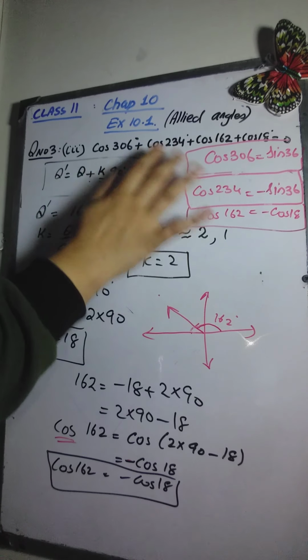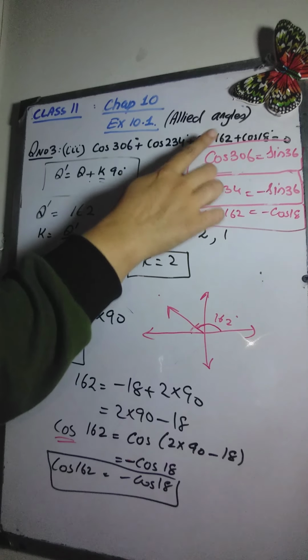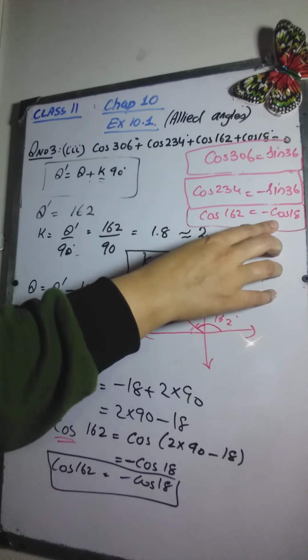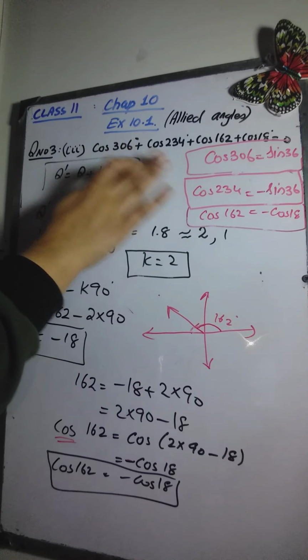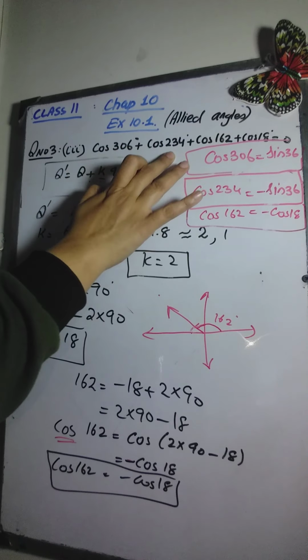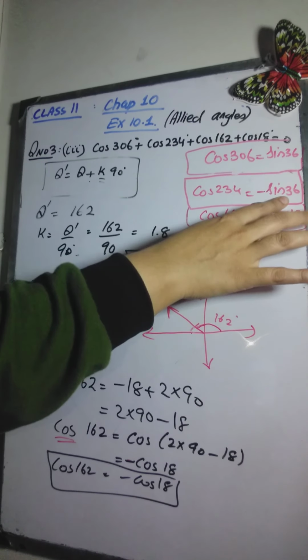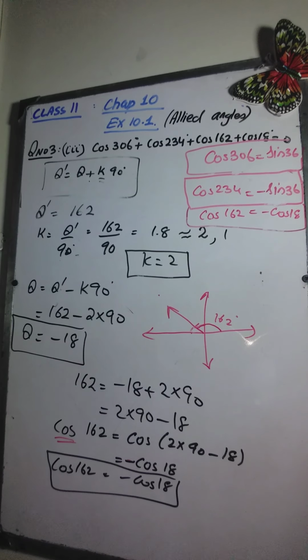Then I calculated cos of 234, which came out to be equal to negative sine 36. Then I calculated cos of 162, which came out to be equal to negative cos of 18. Now I'm going to replace cos of 306 by sine 36, cos of 234 by negative sine 36, and cos of 162 by this, and we are going to get the result in this step.